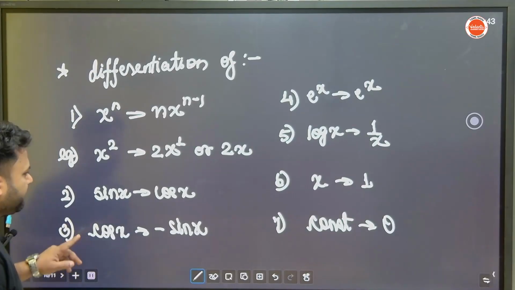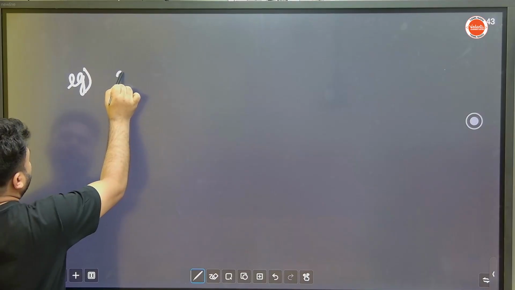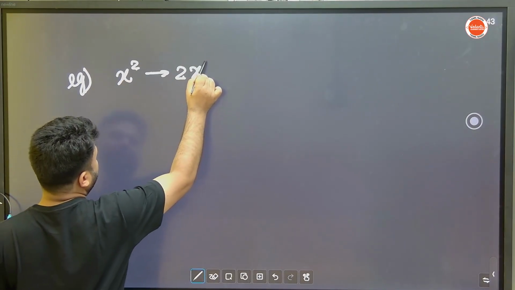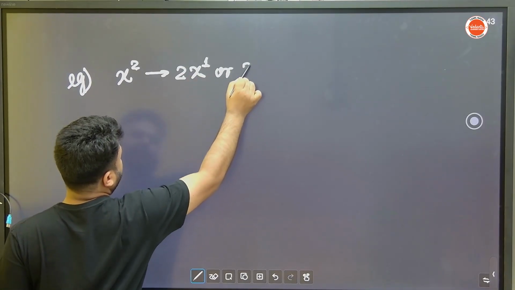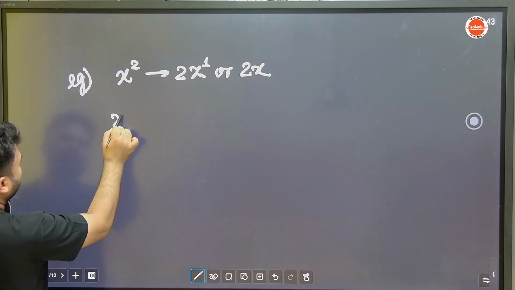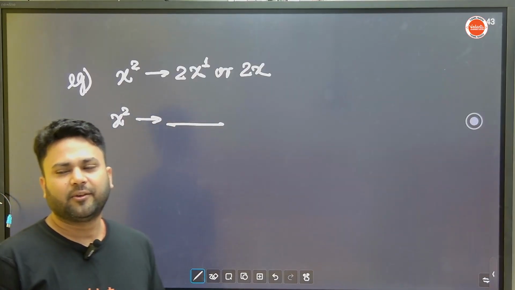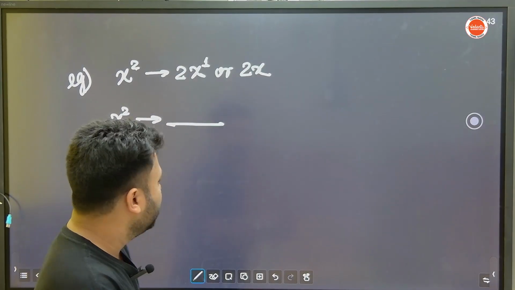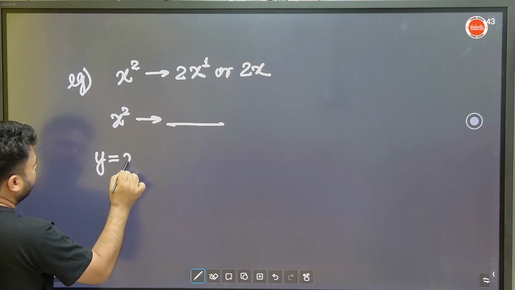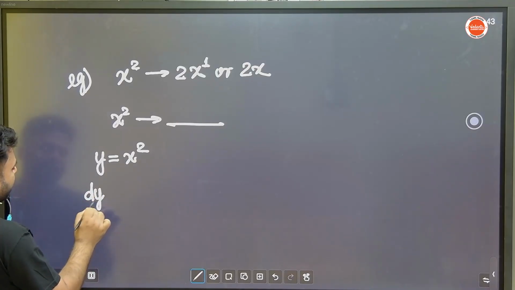See, first of all, what I told, that x square differentiation, first you write power, then variable, power minus 1, that is 2x. Now in the exam they don't give it like this, that x square differentiation, fill in the blanks. It is not like this. Okay? So they give like this, if y is equal to x square, see the pattern, then find dy by dx.